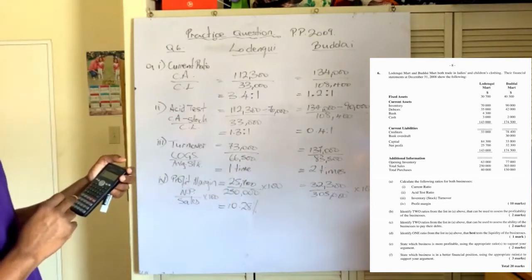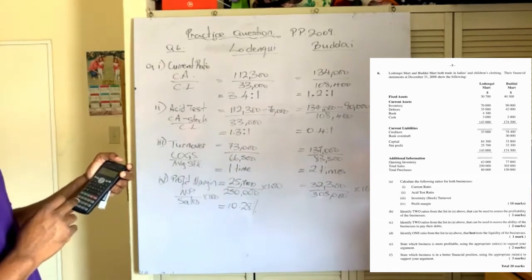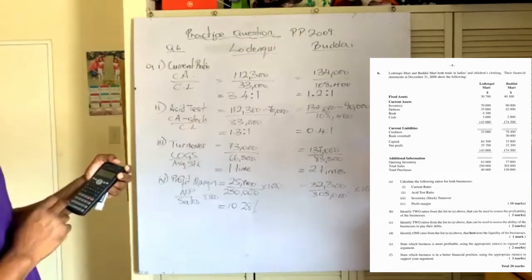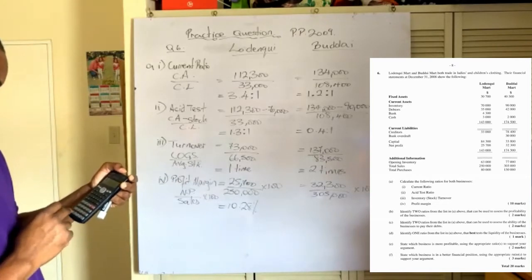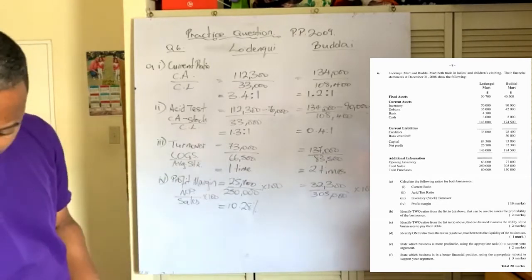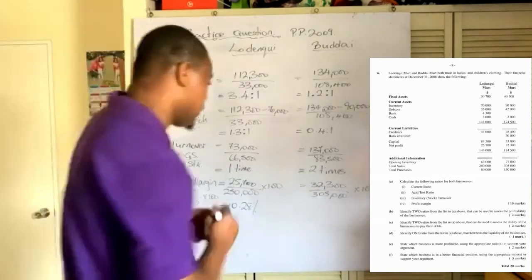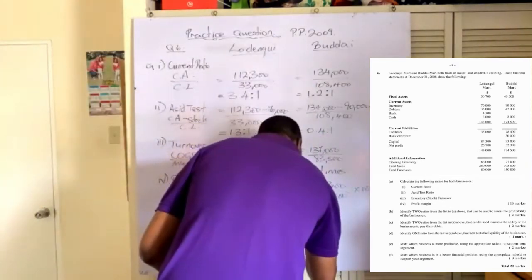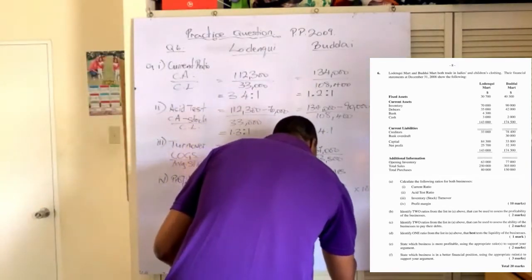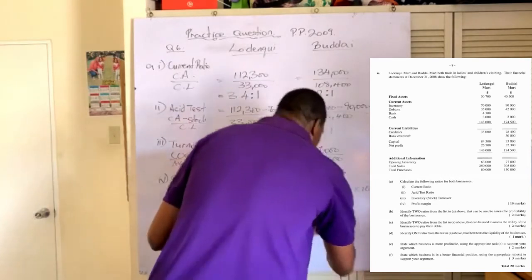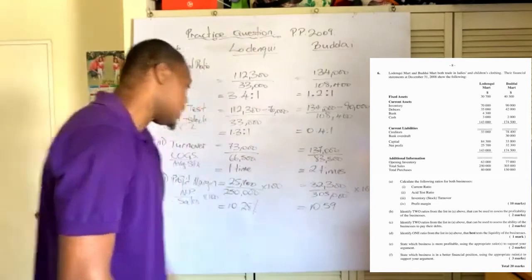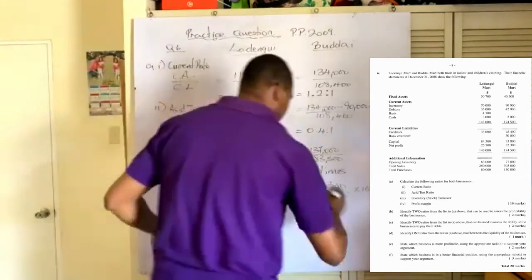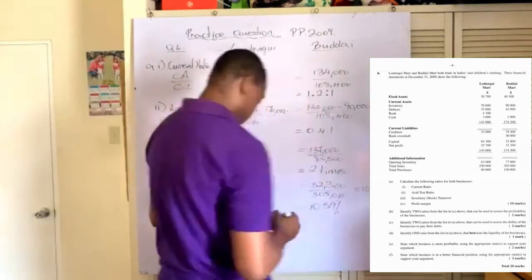And then for Budai now, it's 32,300 divided by 305,000. It's 10.59. Or you could say 10.6 if you want, or you could say 11.